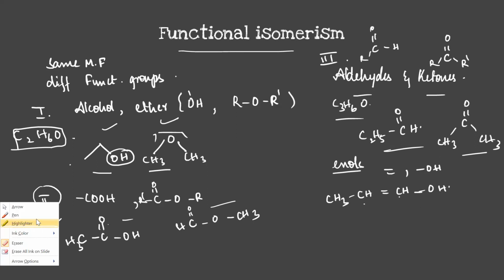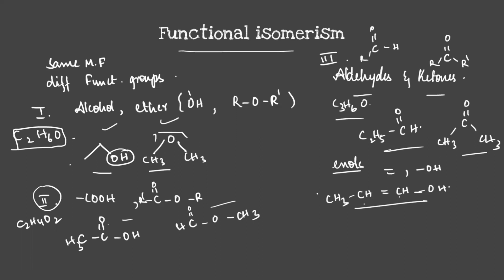Now check this: CH3, 3, 4, 5, 6. There are 6 hydrogens, 3 carbons, and 1 oxygen. So this is an enol. So aldehydes and ketones and enols also show functional isomerism.